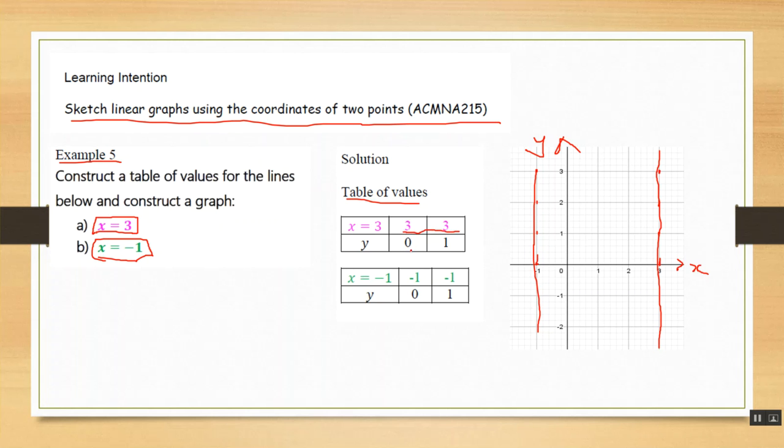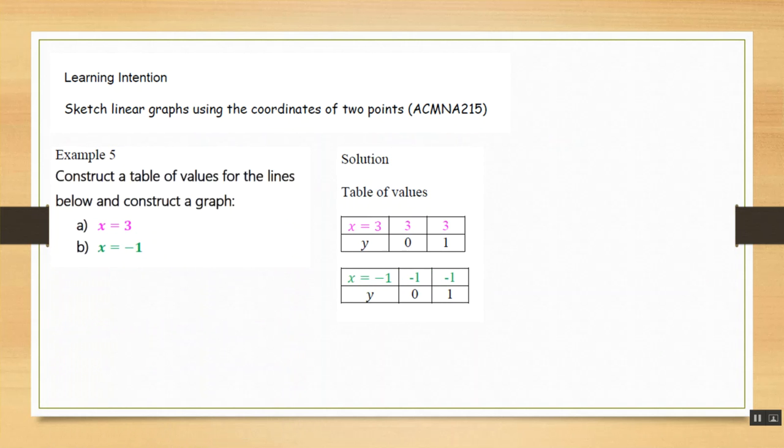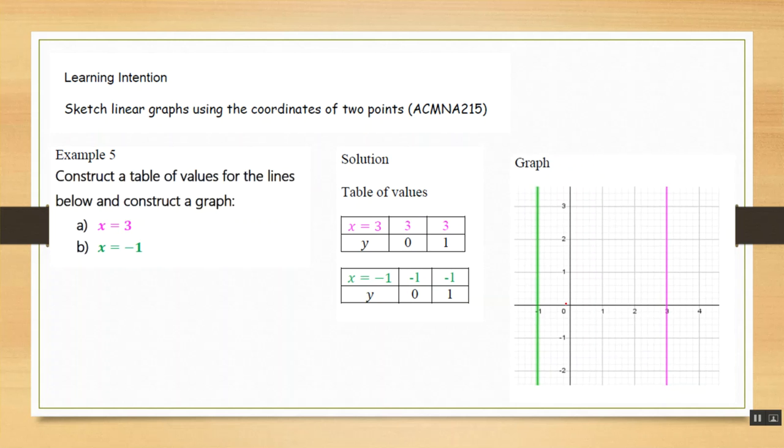So x equals 3 when y equals 0, when y equals 1, and the same for when x equals -1: -1, 0, 1, 2 for our graph. So you can see x equals 3 is this line, x equals -1 is the green line.